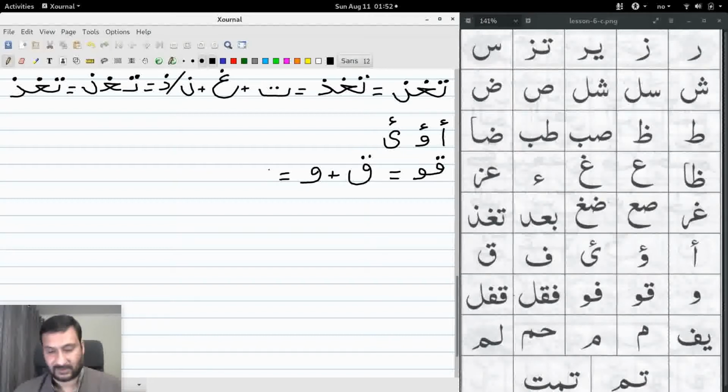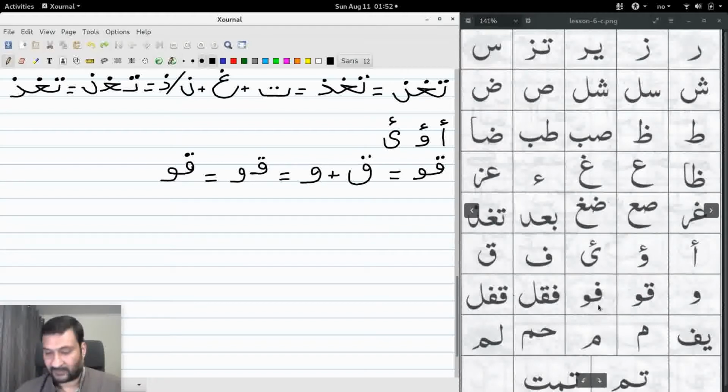So when qaf is in the beginning of the word, it takes this shape, and vav joins it, and it eventually becomes qaf, vav. It is not like this. Okay, this letter qaf is above vav, or this line, like so. Qaf, vav.